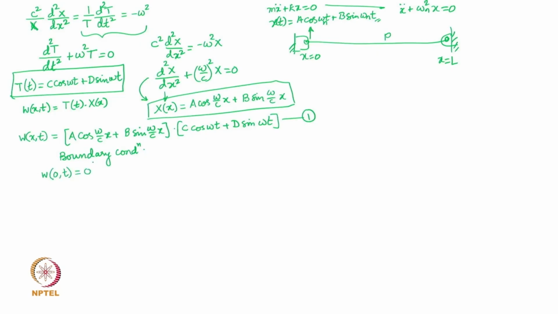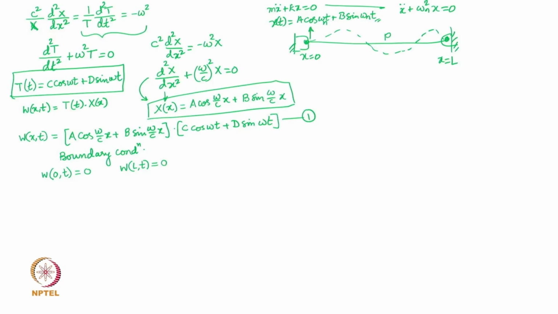The response in the lateral direction obviously is 0. Similarly, the other boundary condition is at x equal to L. At all times, the string being fixed at the other extreme end, the response is 0. So the string will vibrate in an arbitrary fashion, but at all times the response at these two fixed ends is obviously going to be 0. So these are the two boundary conditions we have.